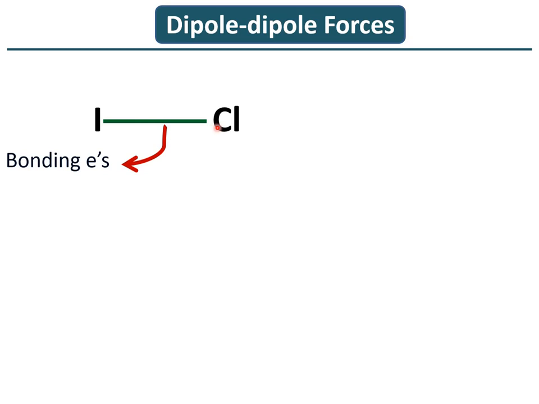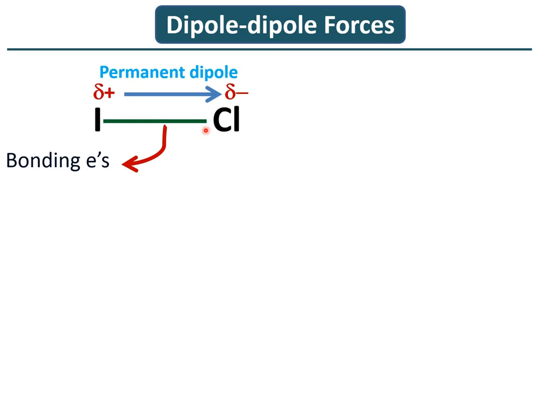So chlorine is more electronegative than iodine, and you expect it to attract the bonding electrons more. So it will acquire a sigma negative charge, and the other one will be a sigma positive charge. This is the creation of the permanent dipole. The direction of the permanent dipole is from the positive to the negative.